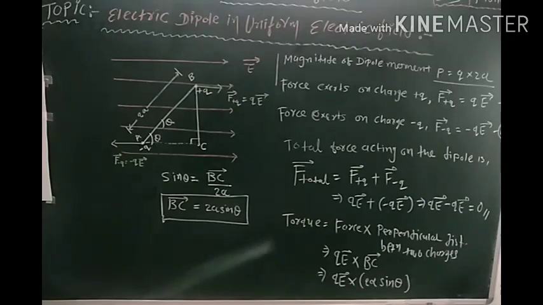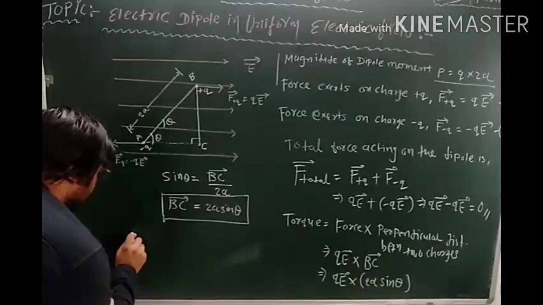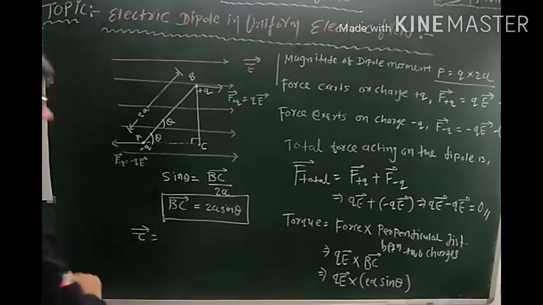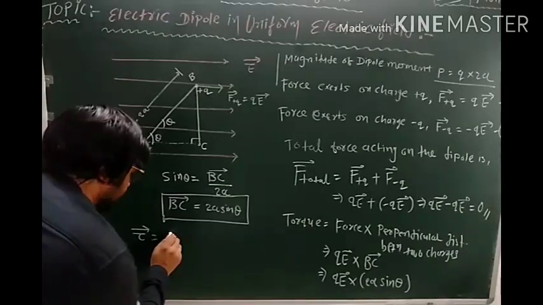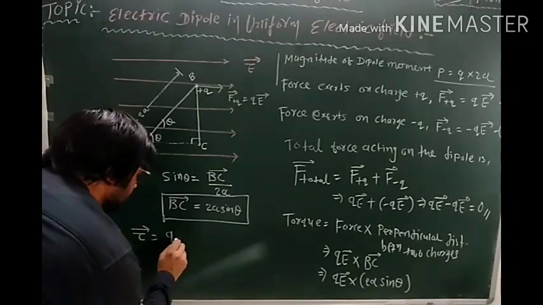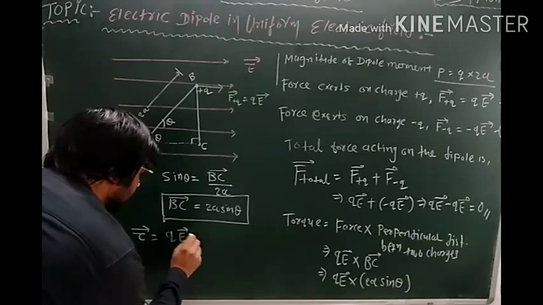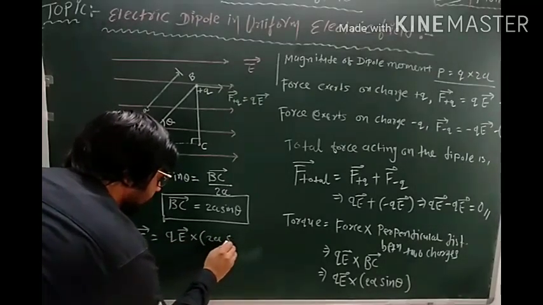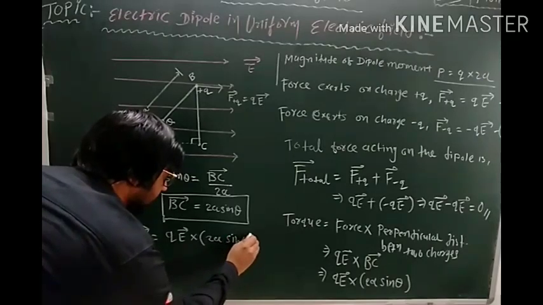So finally we get the equation for torque. The symbol of torque is tau. So we can write qE cross 2a sin theta.